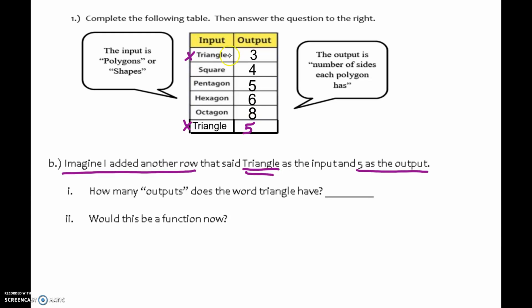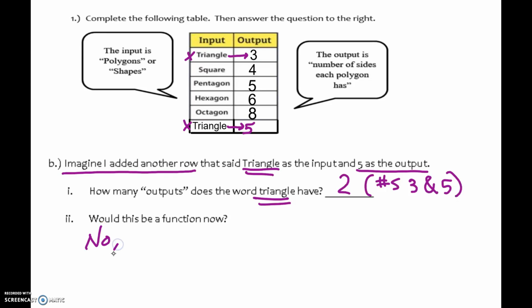So now we have triangle being paired with 3 and triangle being paired with 5. How many outputs does the word triangle now have? Well, it has 2 different outputs. It has the numbers 3 and 5 as possible outputs. So would this now be a function?